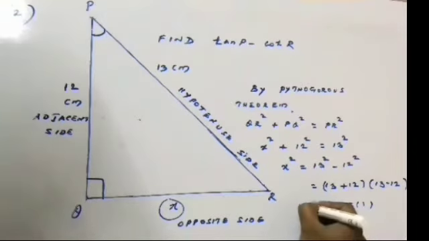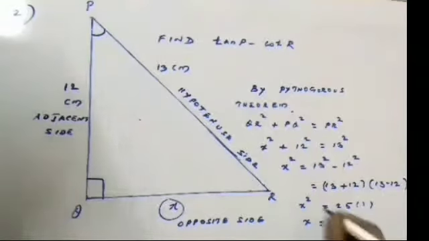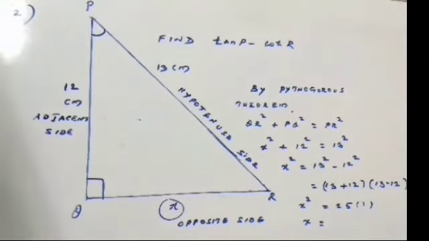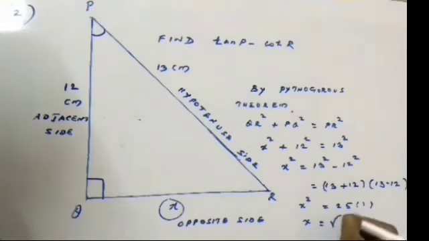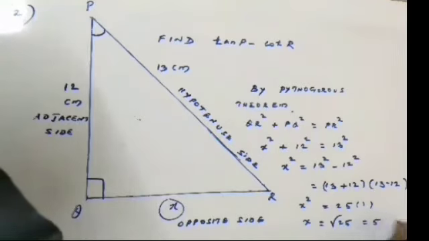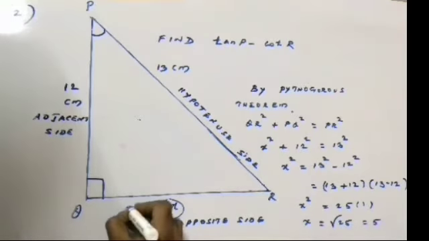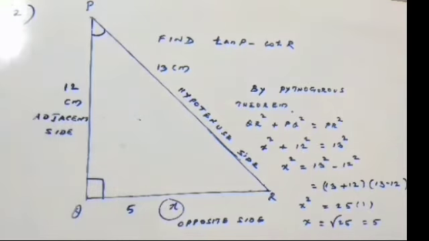So value of x square is 25. We need the value of x. So taking square root for 25, we have the value 5. So you can put 5 for x. So the side PQ is 12, QR is 5, PR is 13.